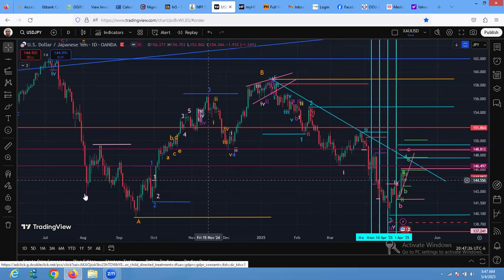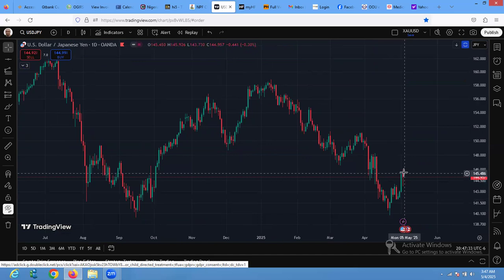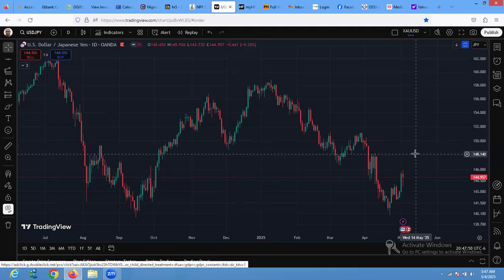If we go to the internal structure of this wave, this looks like an A wave, a B wave, and a C wave. And this C wave, the reaction to the downside is slightly a retracement below 50%. So this may now be in the B wave category. We might see an A of B, a B of B, and a C of B to the upside, of the C wave.